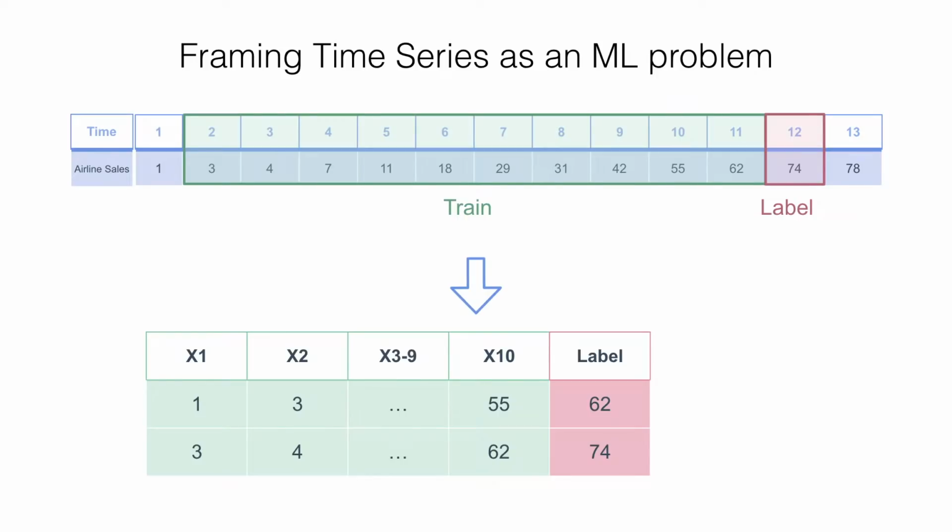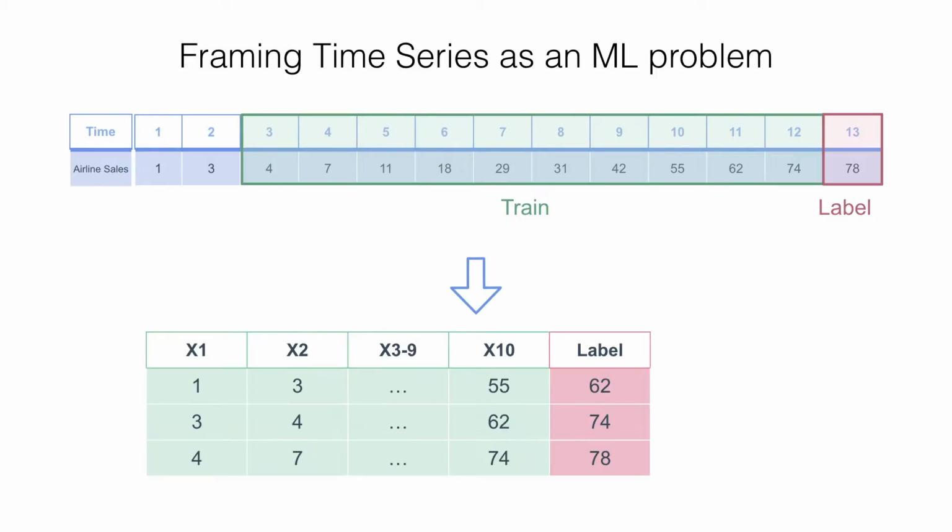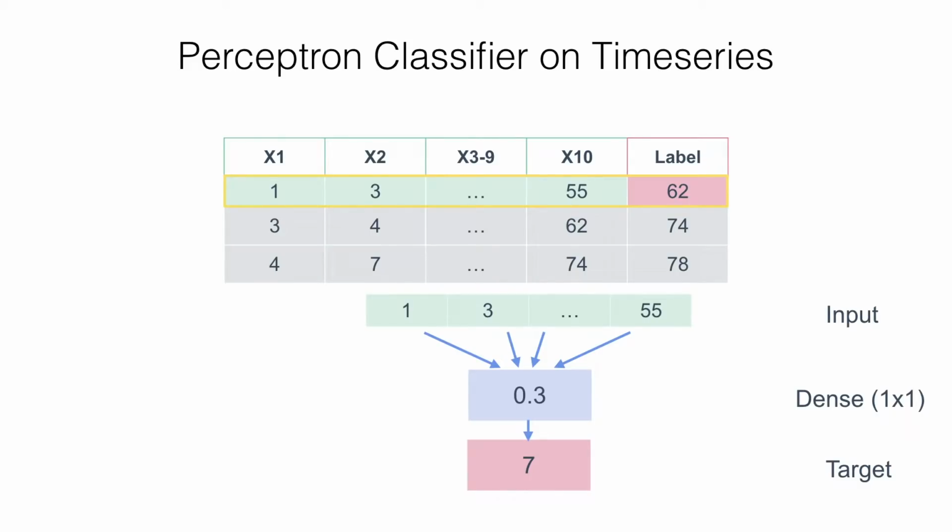Then we slide over by one, so we take elements 2 through 11 as our inputs, and from them we try to predict the 12th record in our data set. We keep sliding that window across, and here we've created a data set that's exactly the same as the data set we input into our perceptron in the very first video in this series. So this is a super common and super simple approach, and it can be extremely effective.